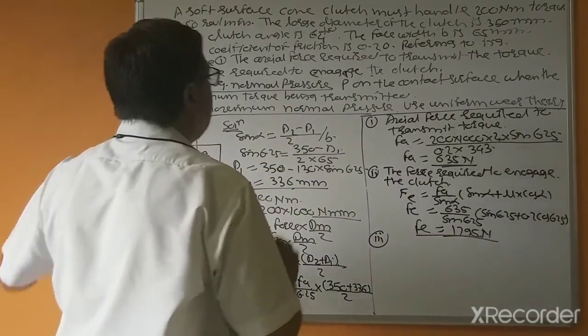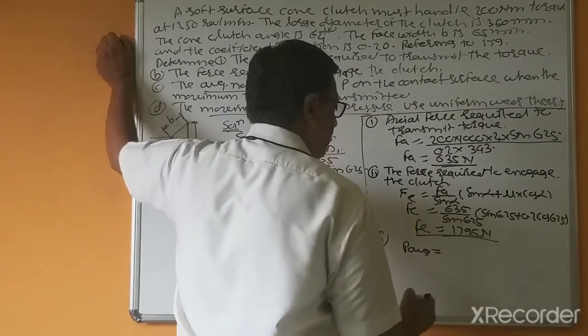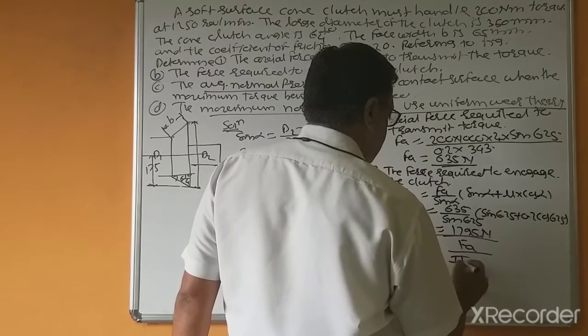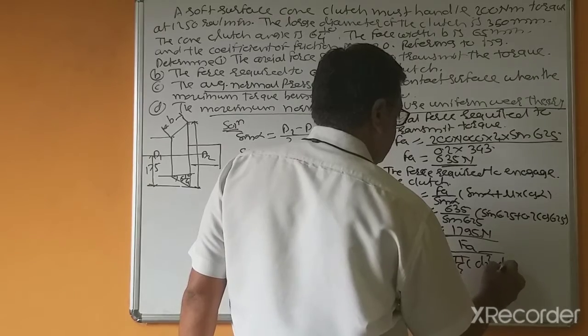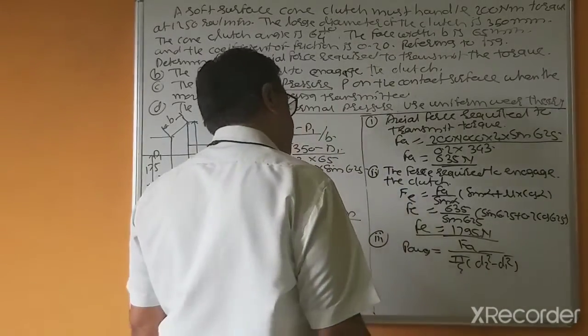So third bit. Now the average normal pressure. The average normal pressure means Fa divided by pi by 4 into D2 square minus D1 square, outer diameter, right.